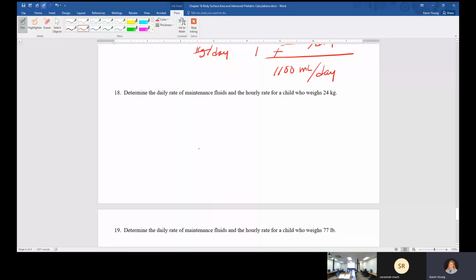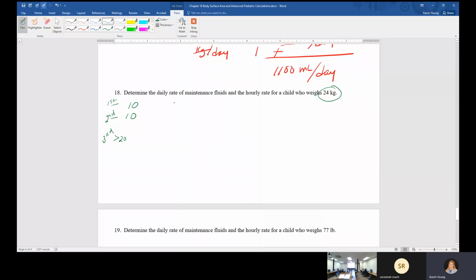Okay, let's look at another one. This child has a weight of 24 kilograms. Let me try to see if I can break it down like this. If I break it down into 10 kilogram increments, this is my first 10, this is my second 10, and the third thing is anything greater than 20, okay?